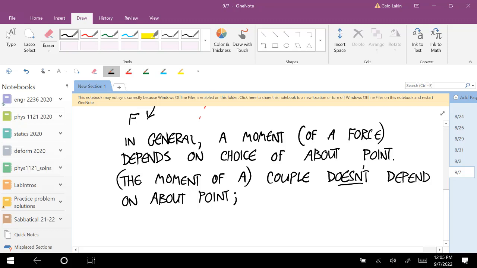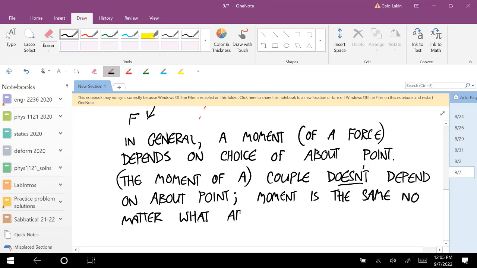In other words, you get the same moment for a couple no matter what your choice of about point is. Okay? So the moment is the same no matter what about point you choose.